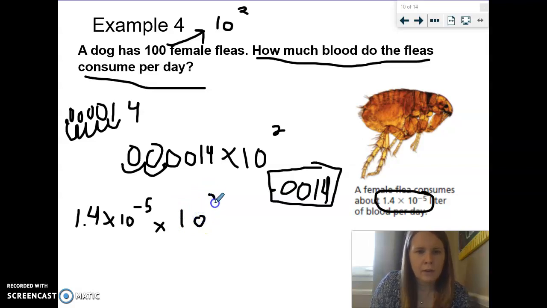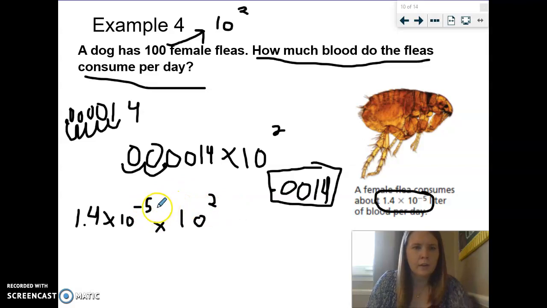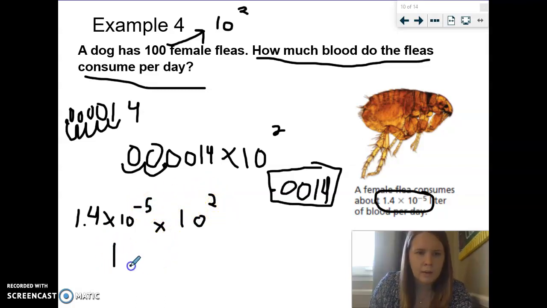Using my exponent rules, I can simplify this. Since this is being multiplied, you just add your exponents together. Well, a -5 plus a +2 is going to be a -3.